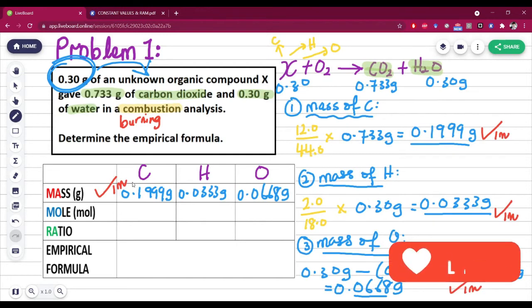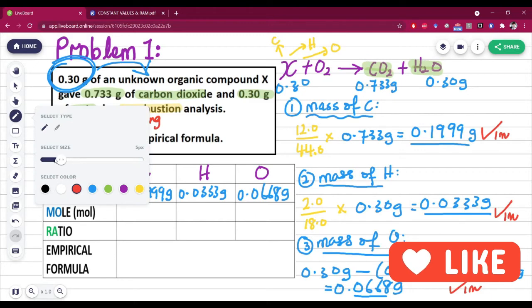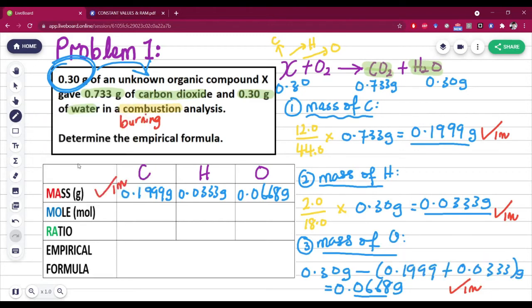Now, what do we need to do? We need to change the mass into mole, and we have talked about this in the previous video. We're going to use the mole formula concept. Okay, so you have 0.1999 divided by 12, then what is that?